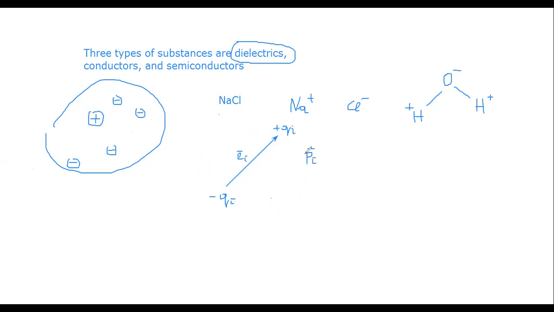Pi is the electric dipole moment. It is equal to electric charge multiplied by vector L. That is shown in the picture.